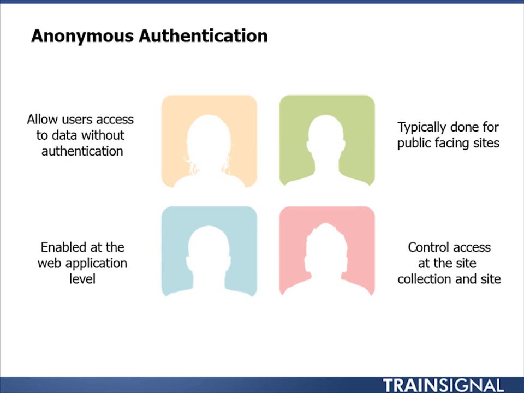So that way, if there are portions of your site that I want to reserve for only specific people, for maybe just members, I still have that capability. So I can turn on anonymous authentication, but not necessarily just open up the entire castle for everybody to be able to peruse.